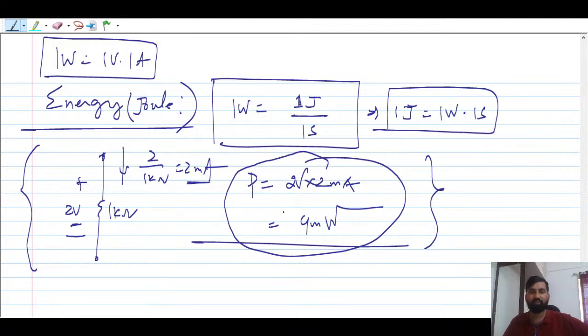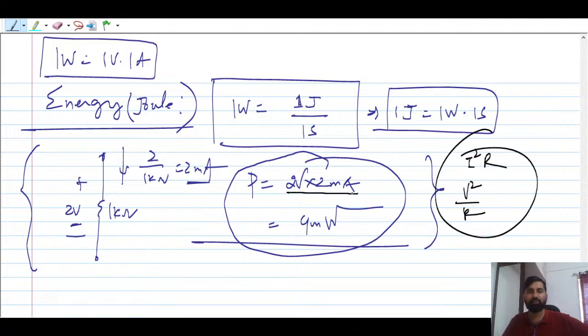But simply using the product of voltage and current gives you the quick answer, instead of solving I square times R or V square by R. Directly you can use V times I if you know the voltage and current of any element. This is very important.